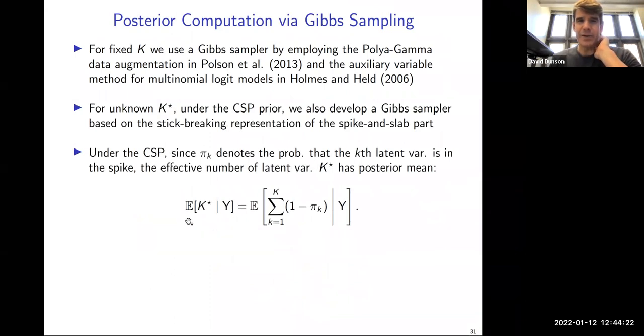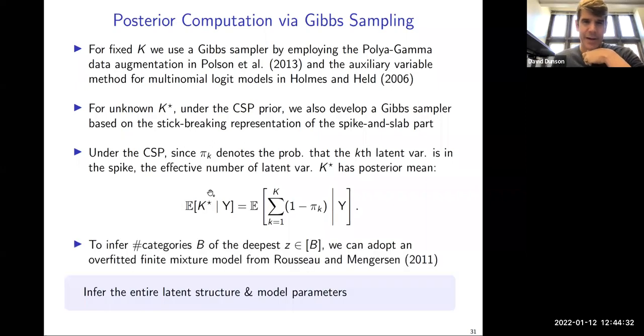Under this prior, you can get an induced prior expected number of latent binary factors, and we can also infer the number of categories of the Z, this deep latent class variable, and we could do this in a Bayesian nonparametric way.